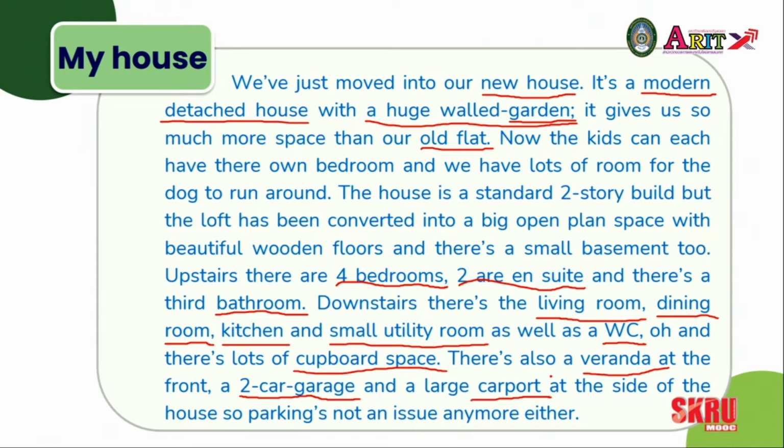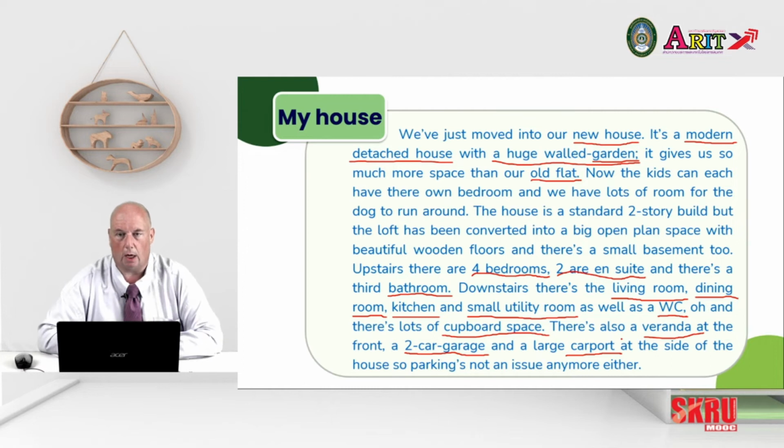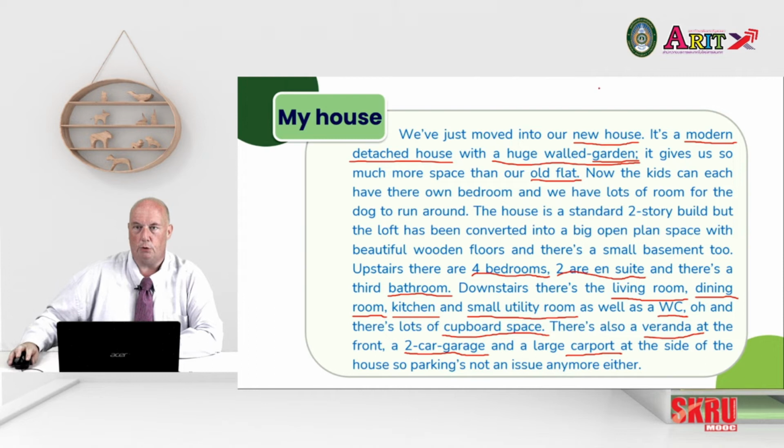So this has both a garage and carport at the side of the house. So when we talk about our house, we have the front where we go in the main door, the back, and either side. And in this case, we have a garage and carport. So lots of parking and a huge garden.